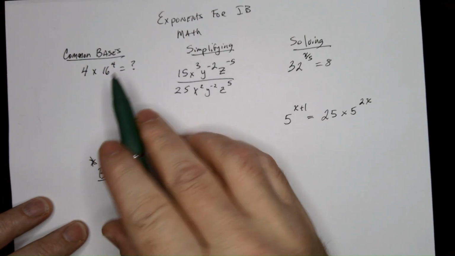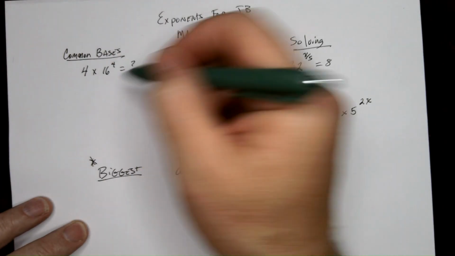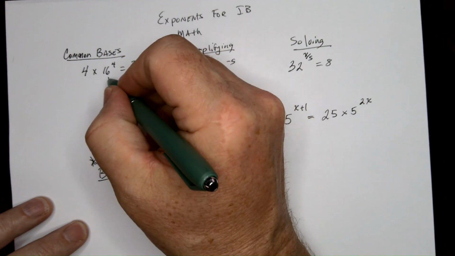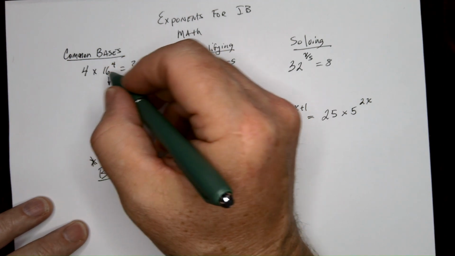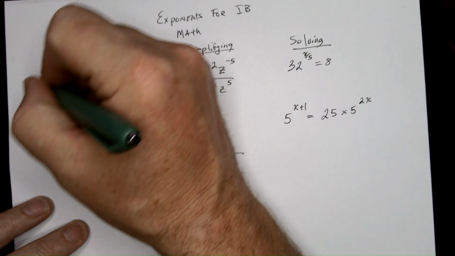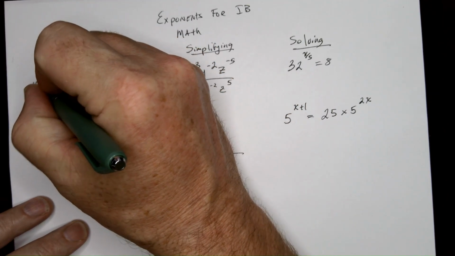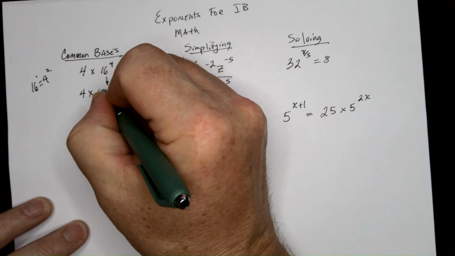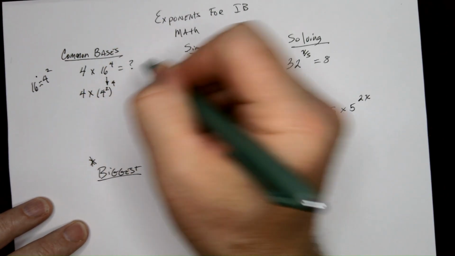So first thing first here, common bases. Sometimes you're going to have to simplify something like this, and the thing you have to be aware of is that this can be expressed as a base of 4. So, 16 is going to be equal to 4 squared, right? So this is going to be 4 times 4 squared to the power of 4.